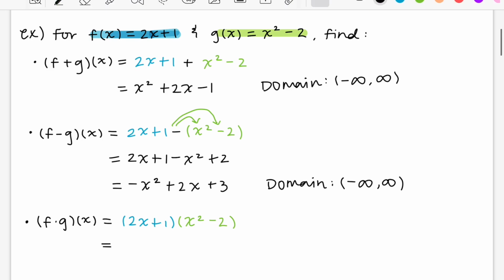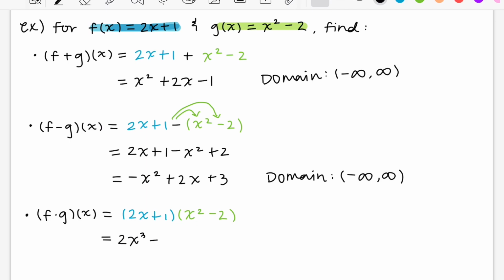So we'll get 2x times x squared, so we'll get 2x cubed. Then we'll get 2x times minus 2, so we'll get minus 4x. Then 1 times x squared, and then 1 times minus 2.